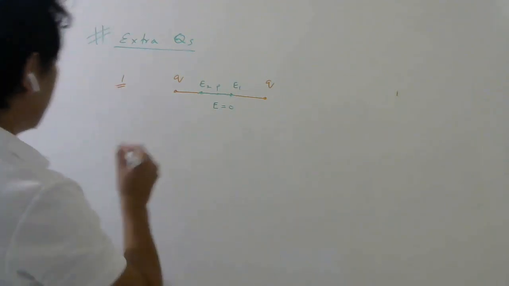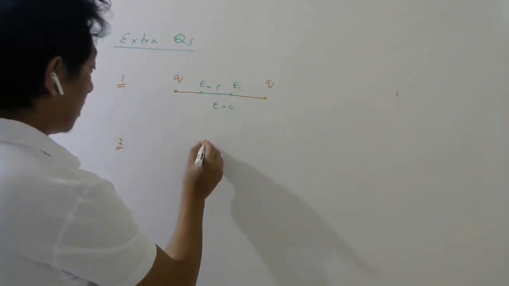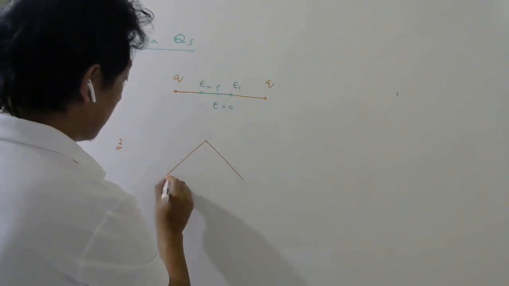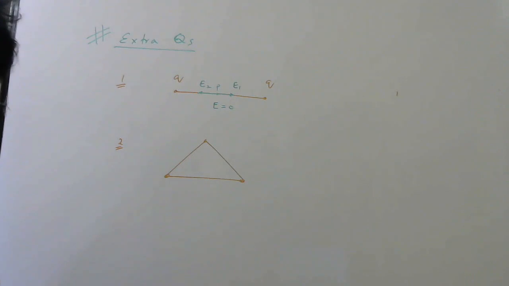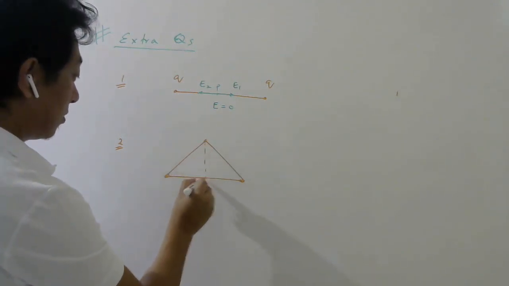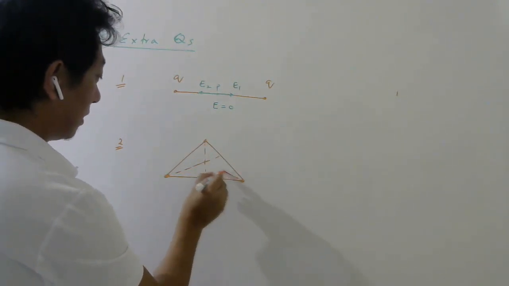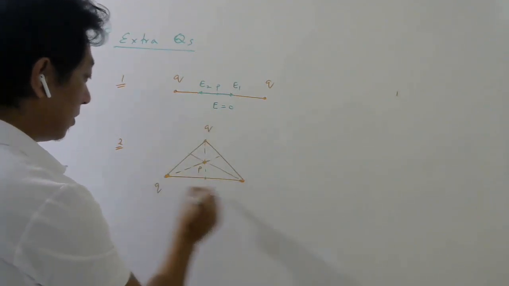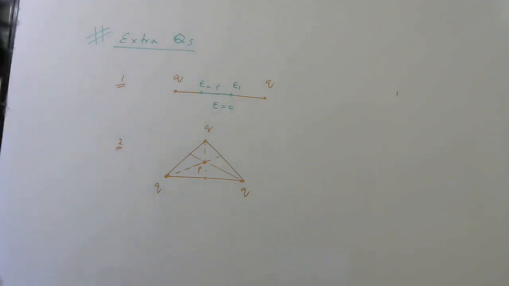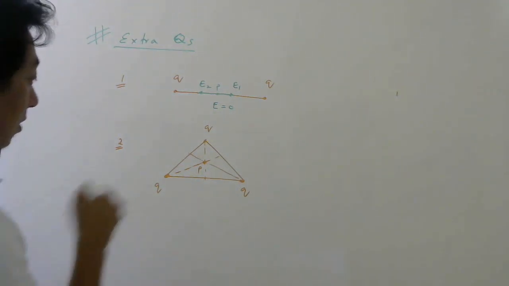Now let's say you have three charges in an equilateral triangle, and I ask you what will be the electric field at the centroid. So here Q, here Q, here Q. At the centroid, what will be the electric field?